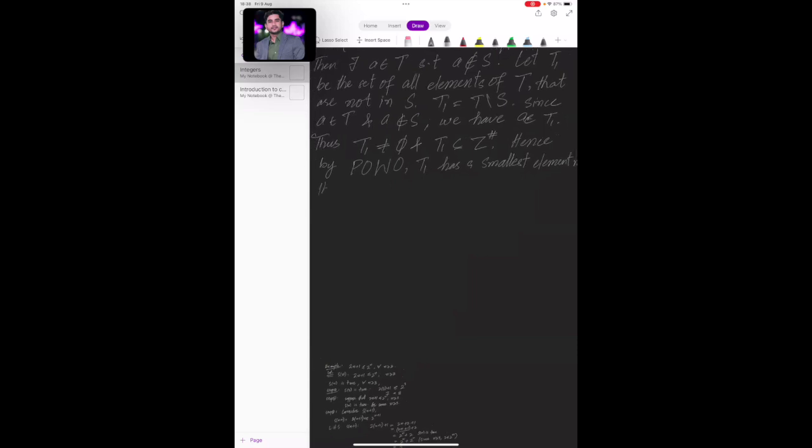Then M is inside T and M is not inside S. Now we know that M is inside T, then M should be greater than or equal to N naught.